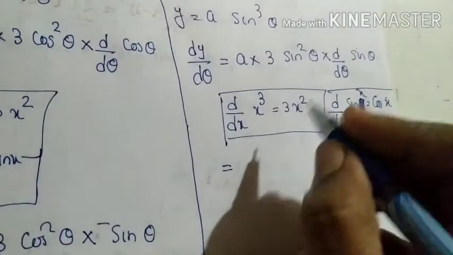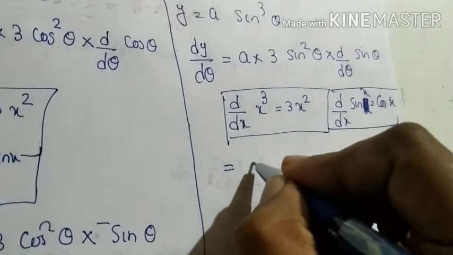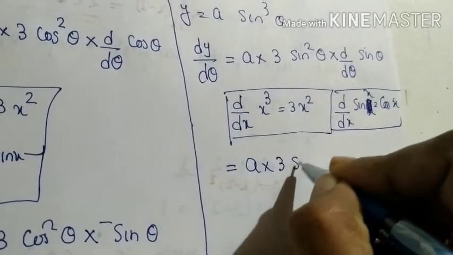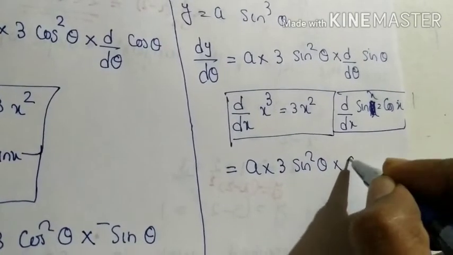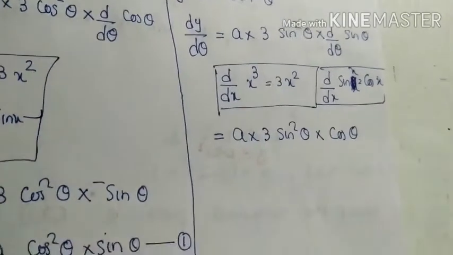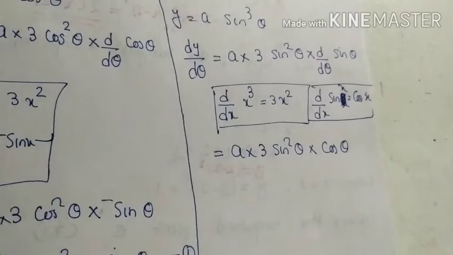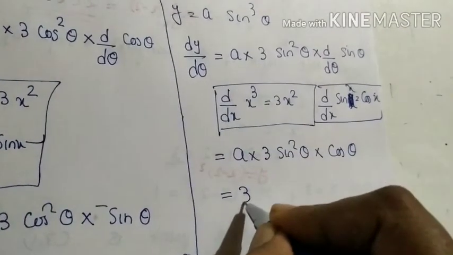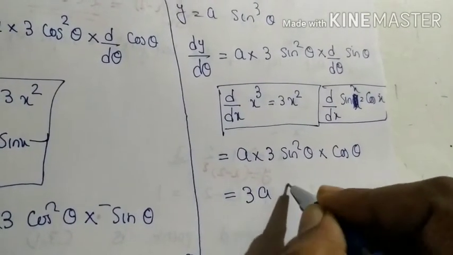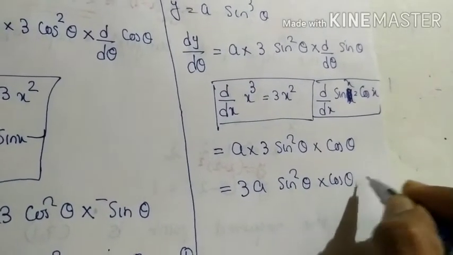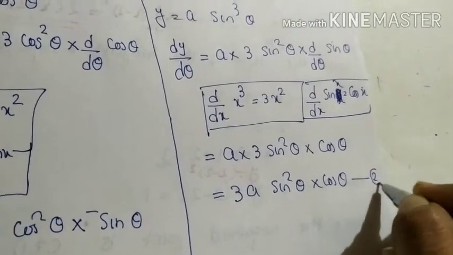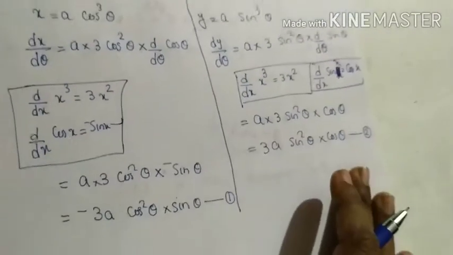Substituting these values, we get a into 3 sine square theta into cos theta. Rearranging this, we get 3a sine square theta into cos theta. Let us name it as equation number 2.